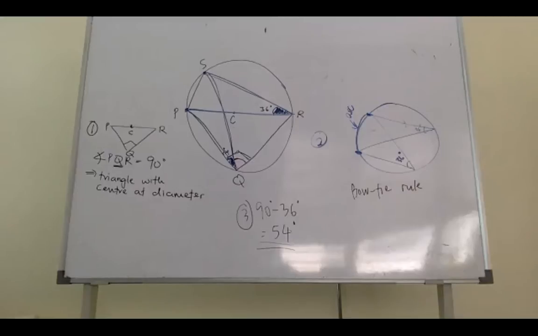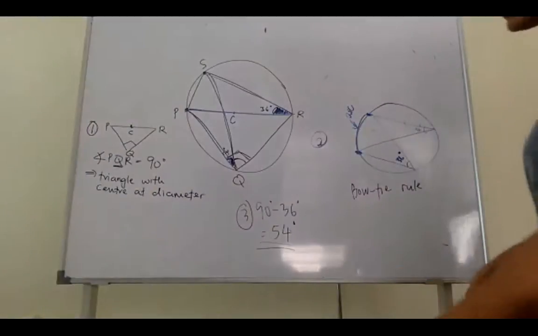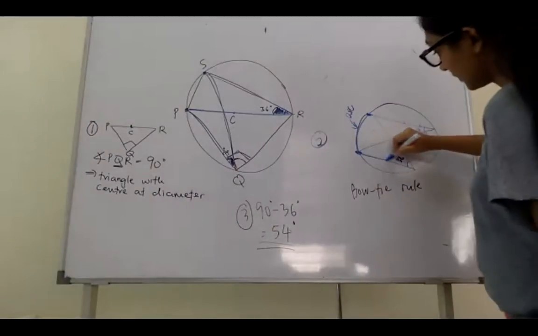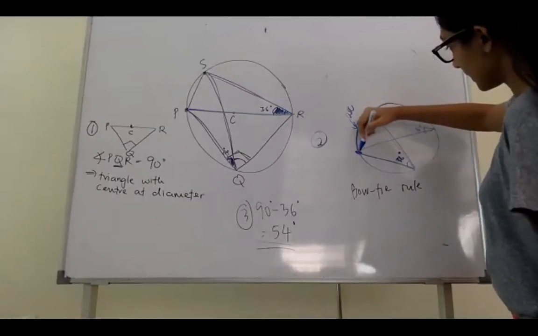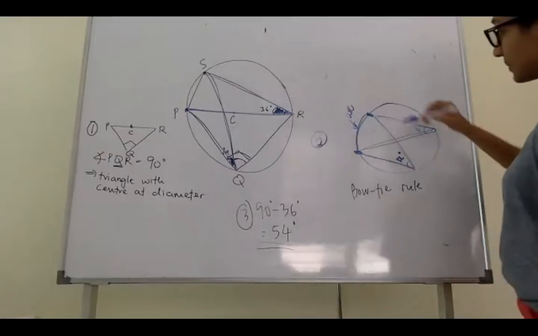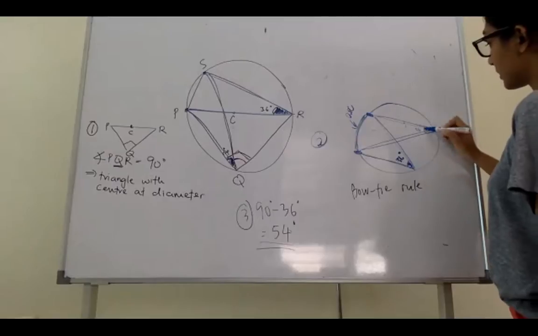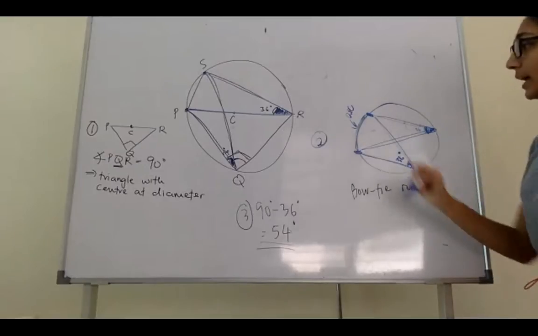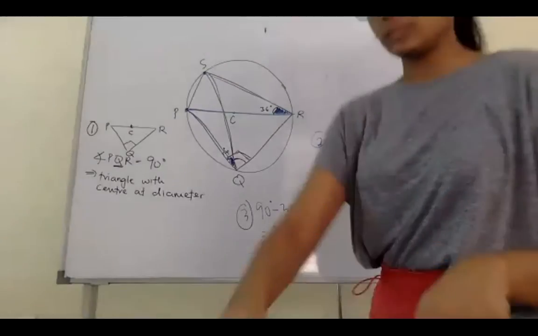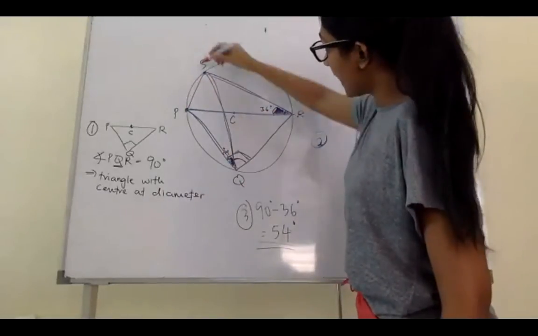Sir, can you explain step 2 again? The bow tie rule states that when I have this, and they both set at the same side and they share the same arc, those will be the same.